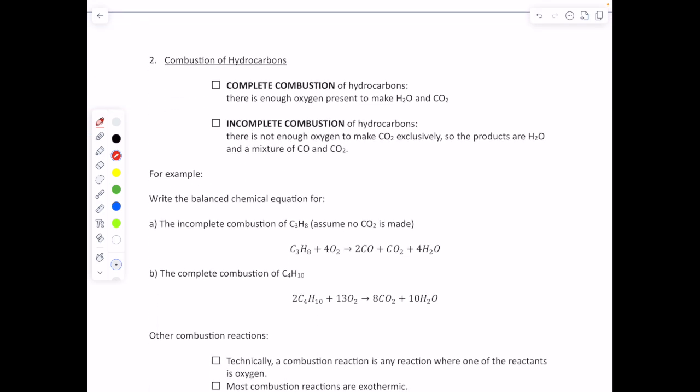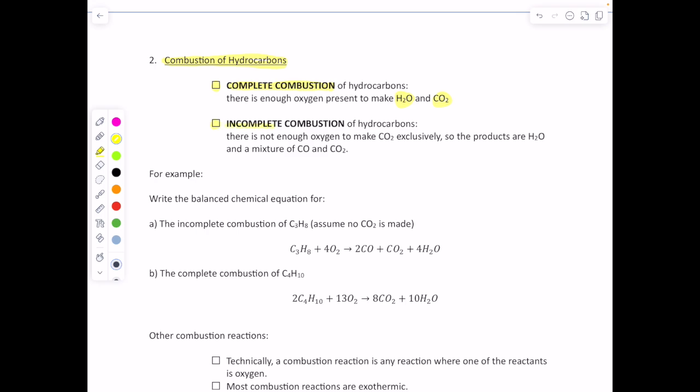We'll next look at a specific set of reactions called combustion of hydrocarbons. There are two categories of combustion. The first is complete combustion. When complete combustion happens, that means there's enough oxygen present to make the products water and carbon dioxide.